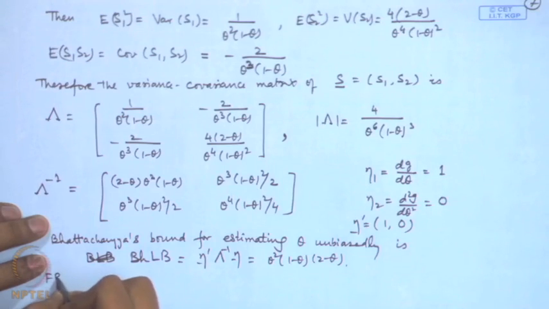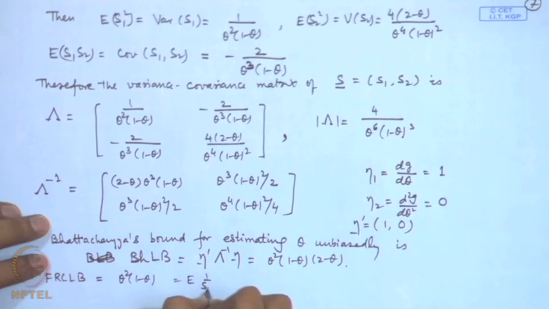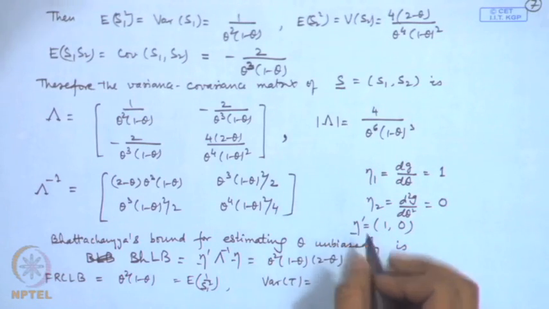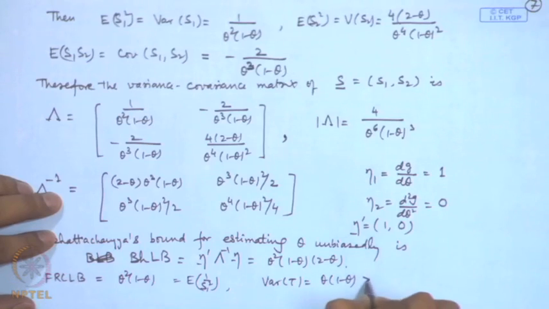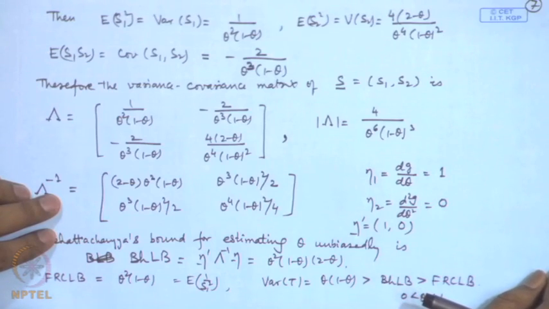What was the FRC lower bound here? That was theta square into 1 minus theta, that is expectation of 1 by S 1 square here. And what is variance of t? Variance of the unbiased estimator t was theta into 1 minus theta. So, it is greater than Bhattacharya lower bound, and that is greater than FRC lower bound for theta lying between 0 and 1.